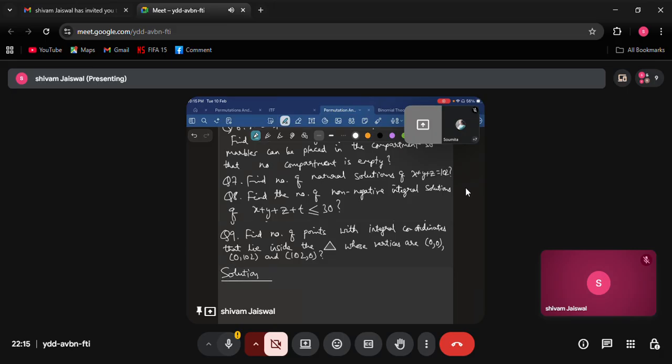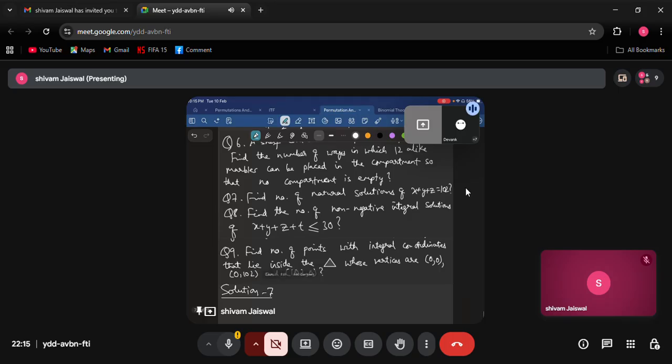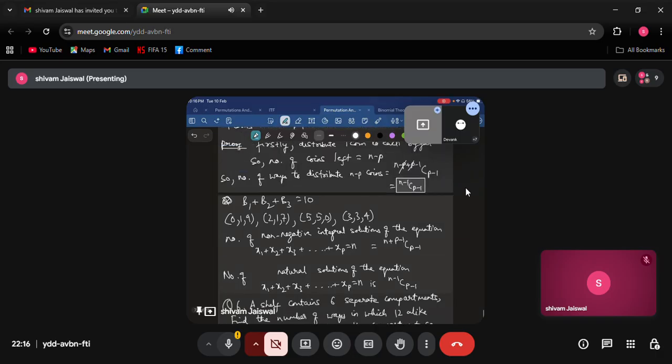Sir, in number 9, is the second coordinate 0, 102? Second coordinate in number 9? Yes, 0, comma 1. Okay, so it is x plus y plus z is equal to 102, right? So there are 102 coins and there are 3 beggars, right? We need to find out the number of natural solutions, right?